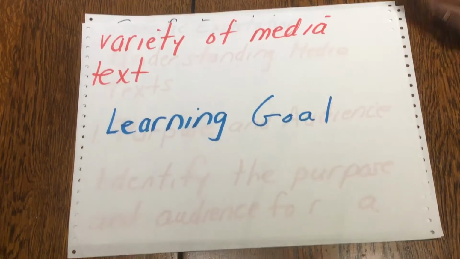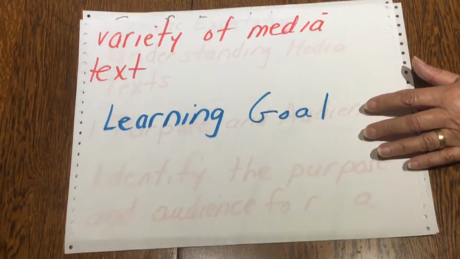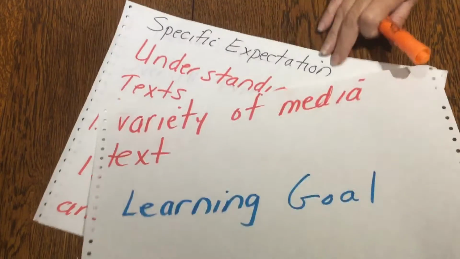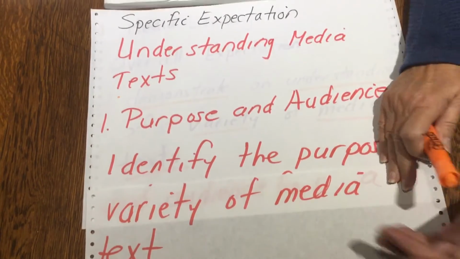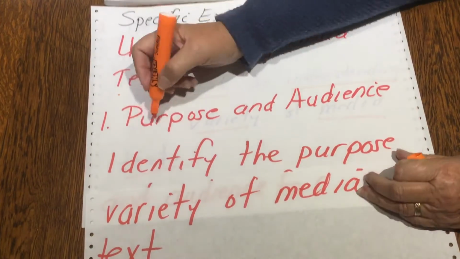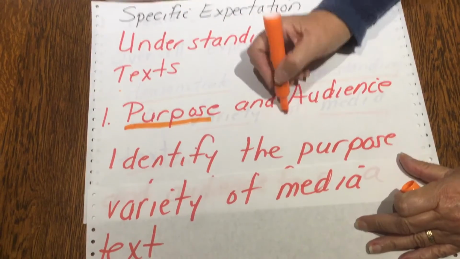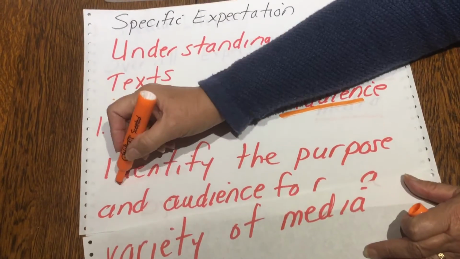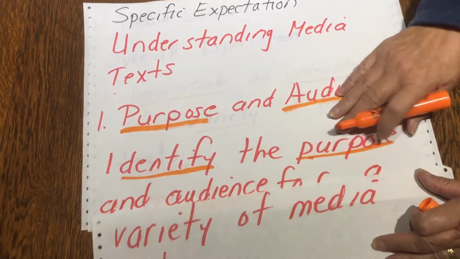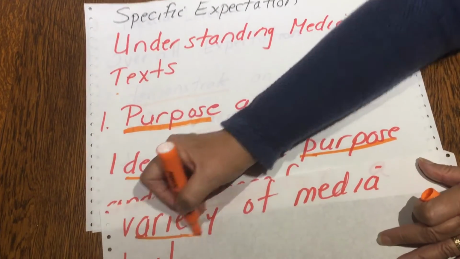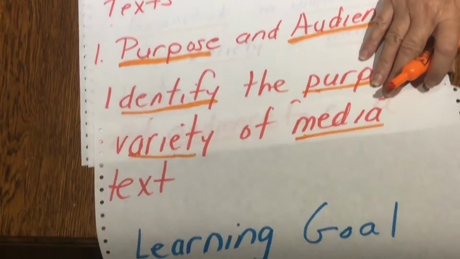I've left learning goal short there because when you're making the learning goal from your specific expectations, we underline the nouns and we underline the verbs, and we take just those bare bone words and we decide what exactly is the learning goal.